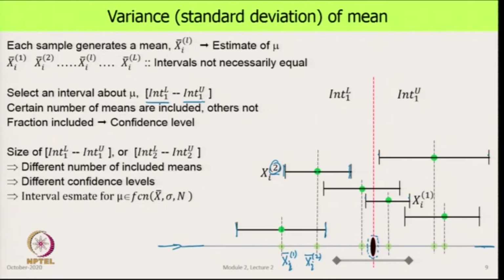I am saying I make an interval with two limits and this is what I show, that I have these two limits. At the top, this is interval number 1, subscript 1.